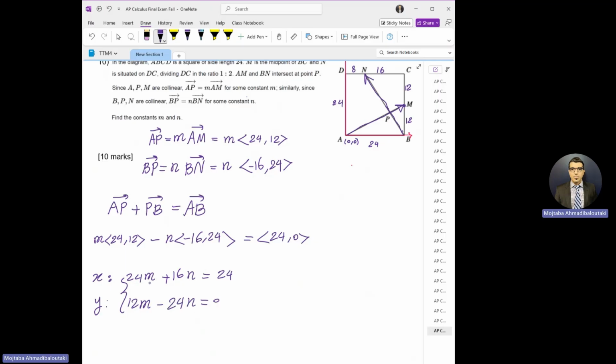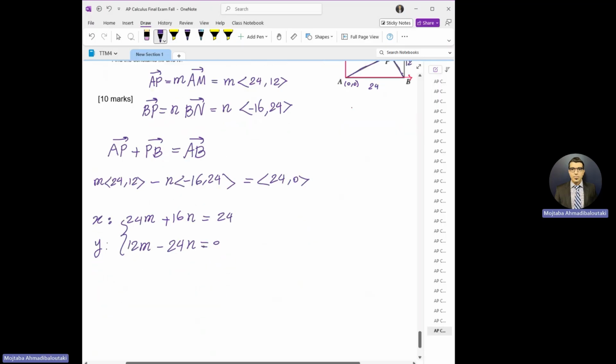There you go. So from this system of equations, I can find n and m. It's easier to start with the second one. So 12m equals 24n, or m equals 2n.